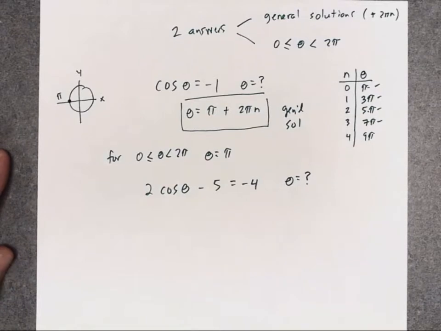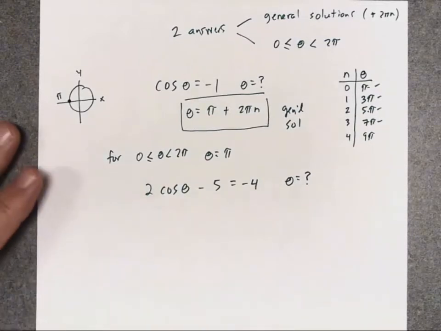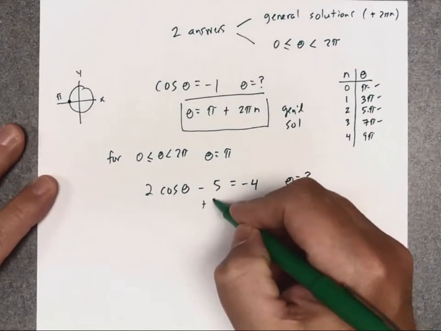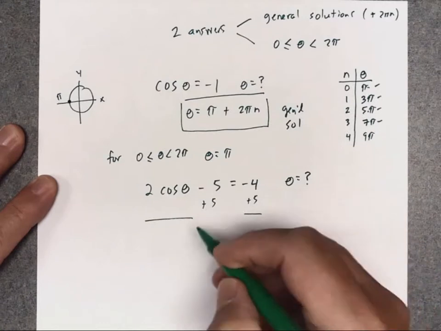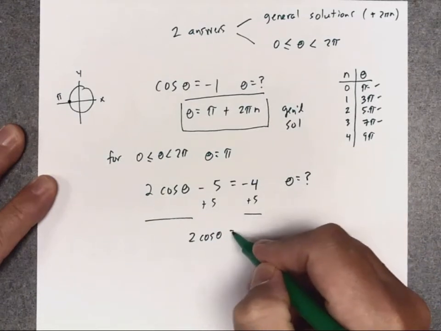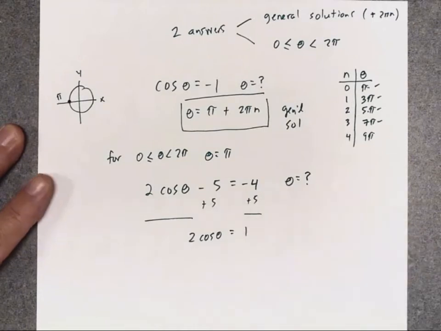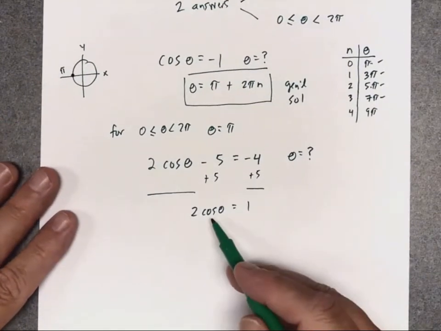First step is I need to get the trig function, which is cosine of theta, by itself. So I'm going to add 5 to both sides. So I end up with 2 cosine of theta on the left-hand side and 1 on the right-hand side. The trig function is not yet by itself.